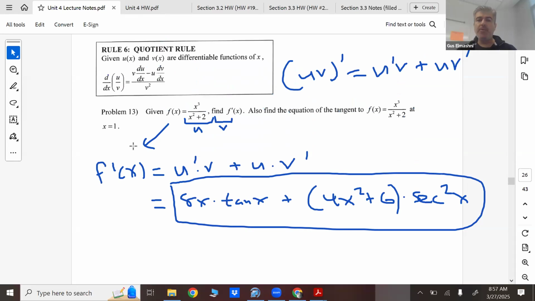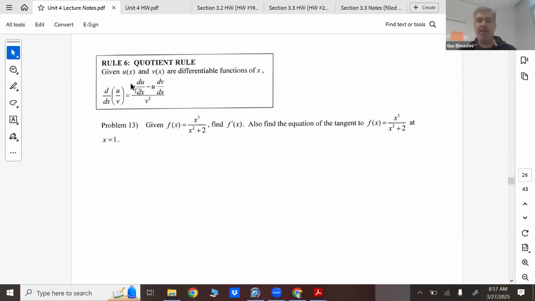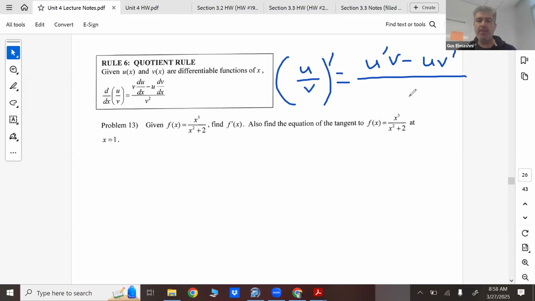Quotient rule. The quotient rule is a funny one. It looks like this. I know it looks a little daunting. Here's how I like to think of it: U over V prime is going to be U prime V minus UV prime over V squared.